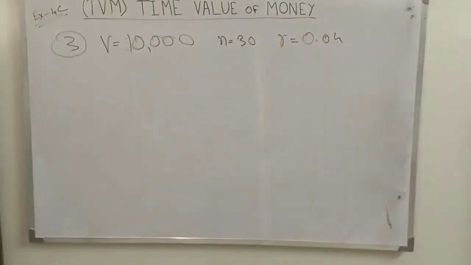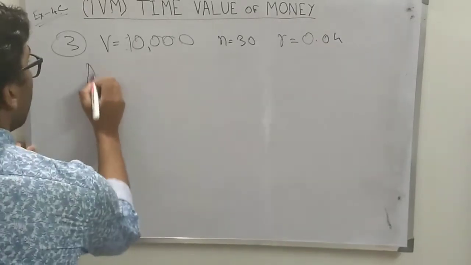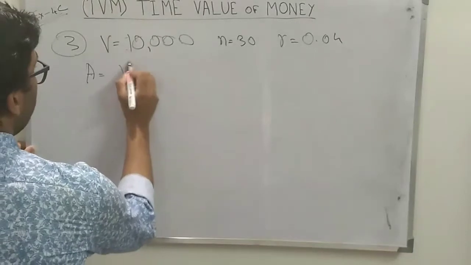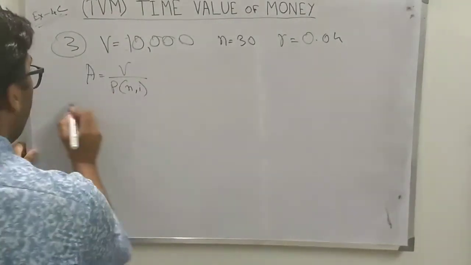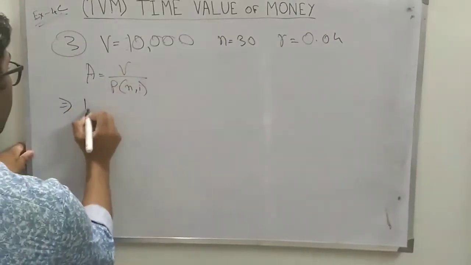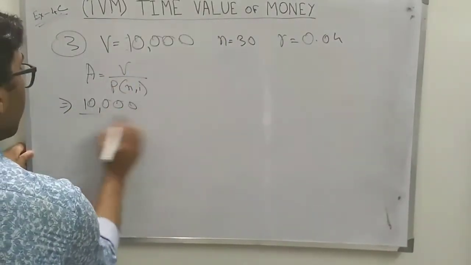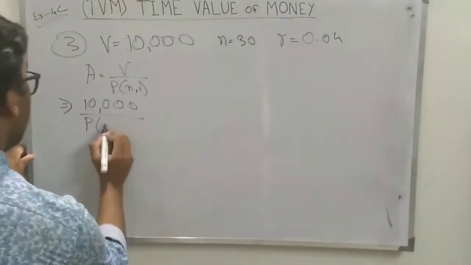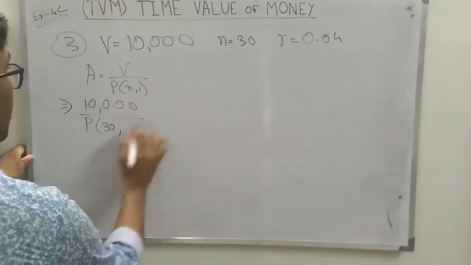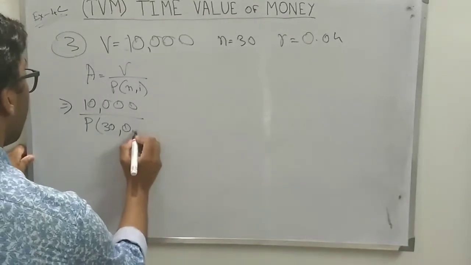Now you have to calculate the amount of each installment. Simply A is equal to V by PNI. Over here V is 10,000 divided by PNI, n is 30, I is 0.04.